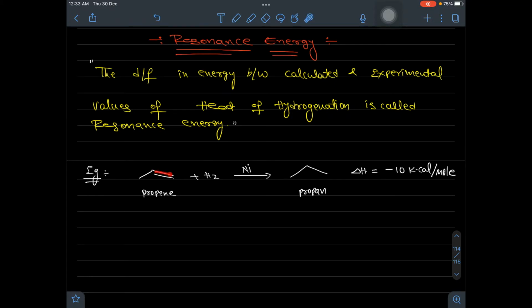Here one double bond is hydrogenated to a single bond, releasing 10 kilocalories of energy.